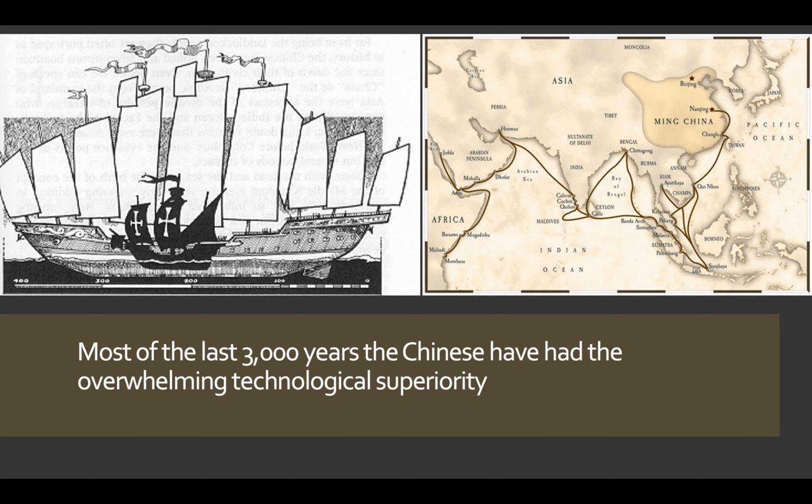This voyage was not a military conquest, but it was basically trade and soft power. It was basically to travel from place to place and impress upon them, hey, aren't we awesome? Yeah, we're awesome. Don't forget it.